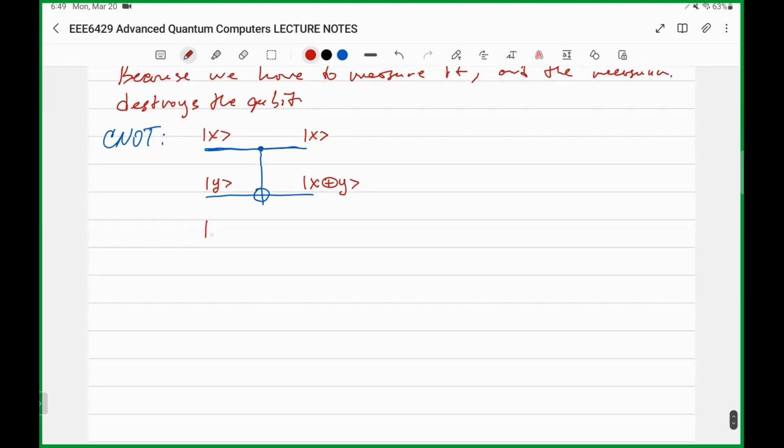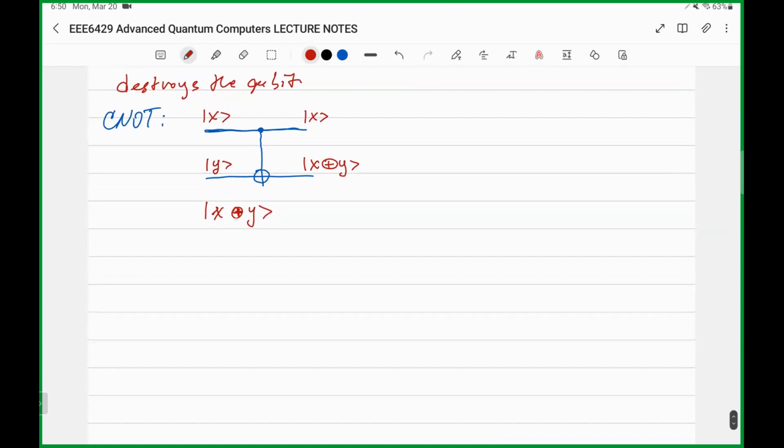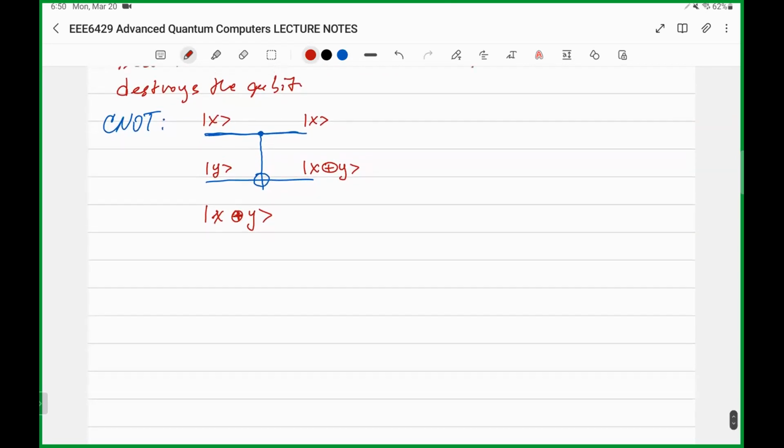So you remember this x, or if you don't know, let me make this aside. This plus means simply: if x and y equal to 0, then the resulting state is 0.